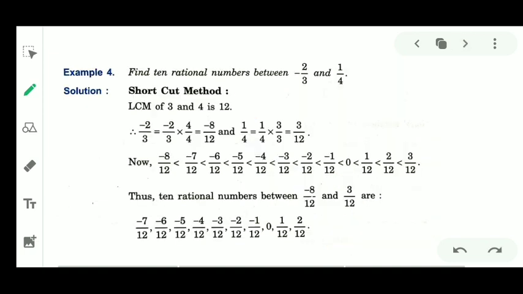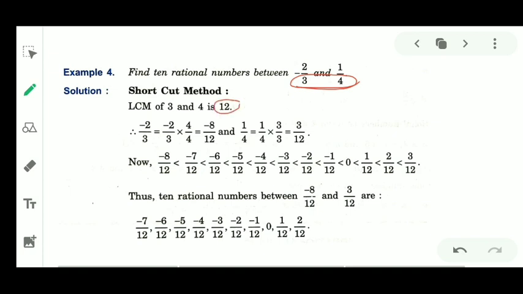Now example 4. Find 10 rational numbers between -2/3 and 1/4. Now here is the shortcut method. First you have to find the LCM of the denominators of the two rational numbers, that is 3 and 4, and the LCM of 3 and 4 is 12.